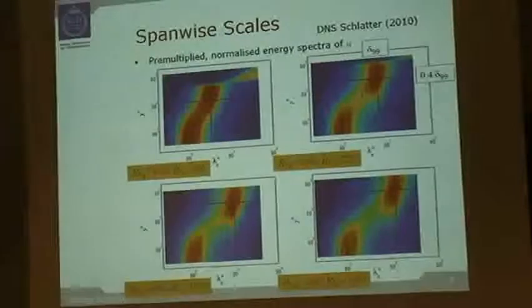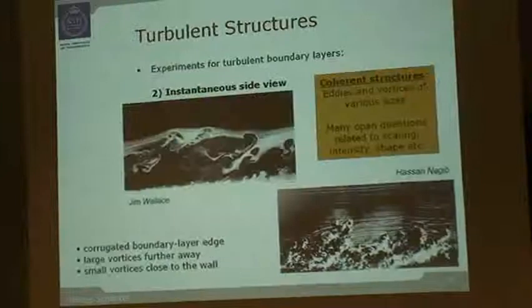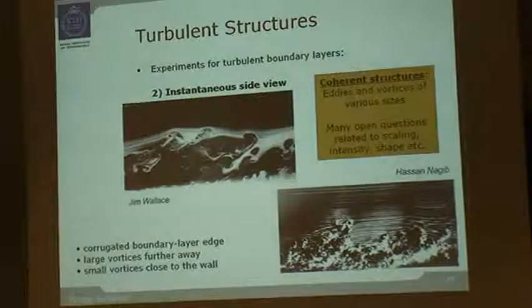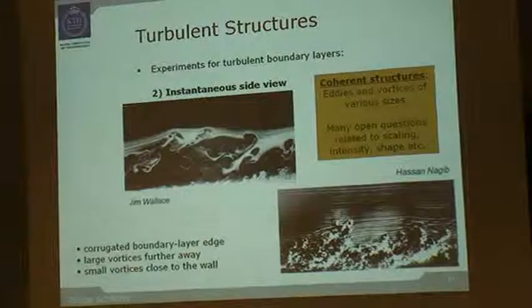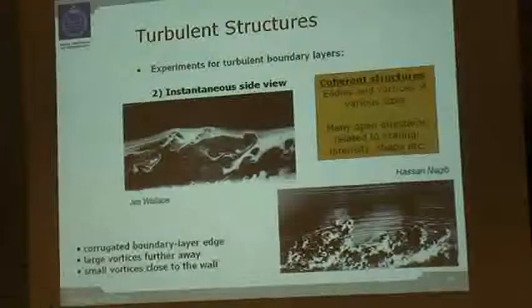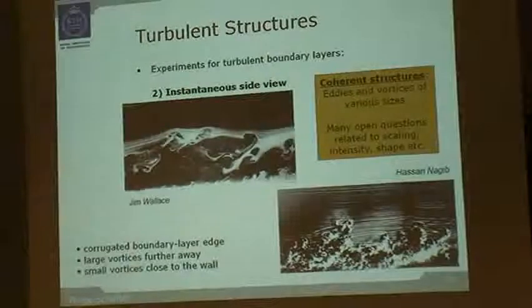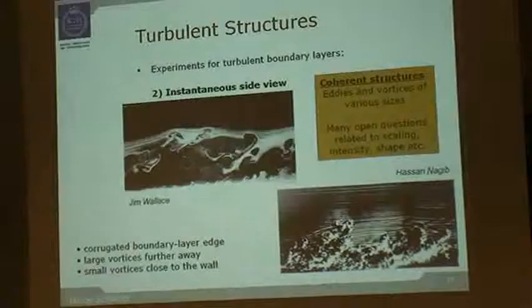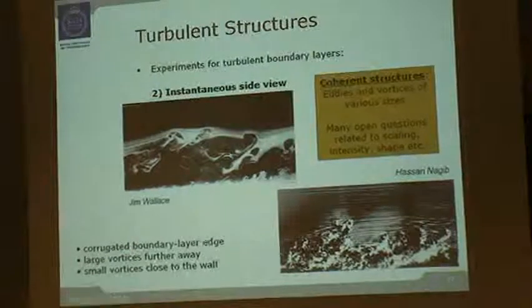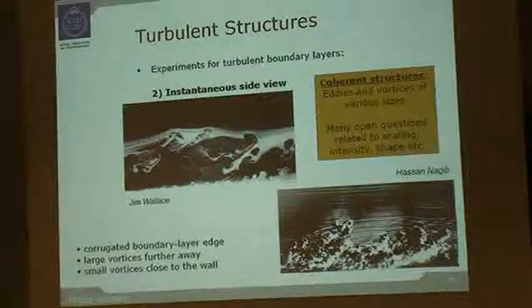Okay, now that we have introduced these spectra, let's take one step back and just look at some flows, some turbulent boundary layers. We've already seen the top view, the one from Klein and co-workers, and the streaks. Now we look at wall-normal planes through the boundary layer.